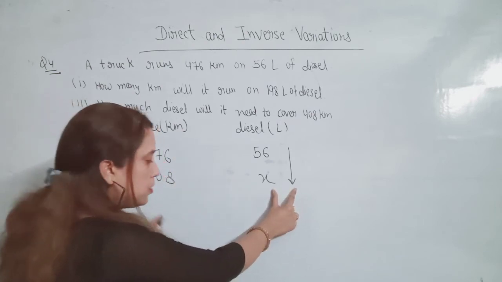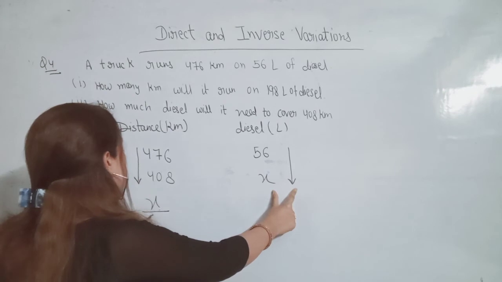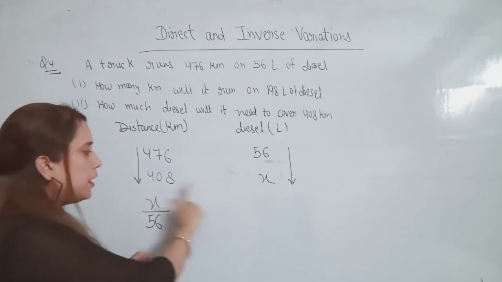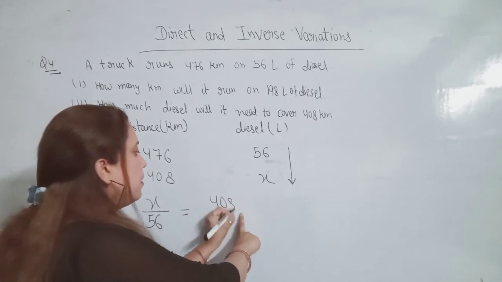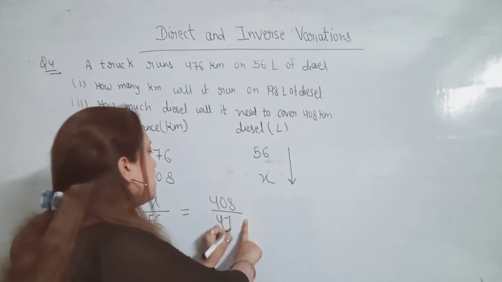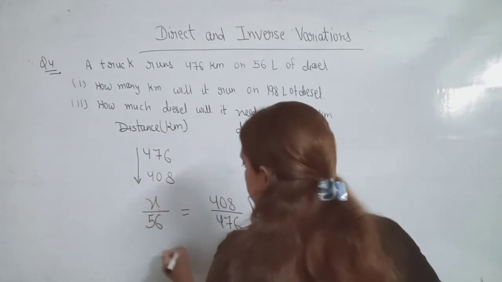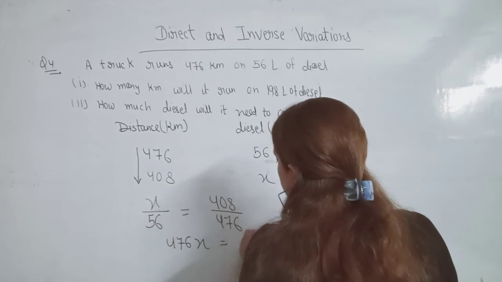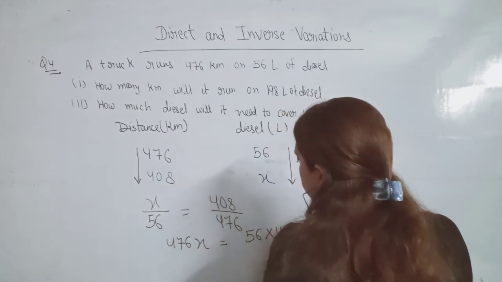Arrow in x direction, so it will be x upon 56 is equal to arrow in the direction of 408 upon 476. Now do the cross multiplication. 476x is equal to 56 into 408.